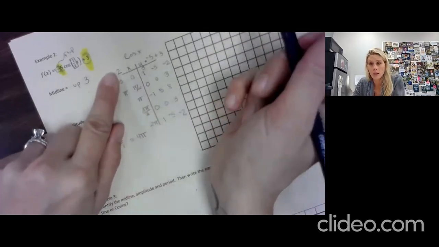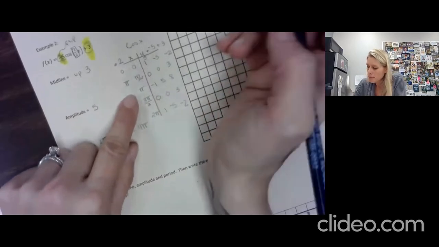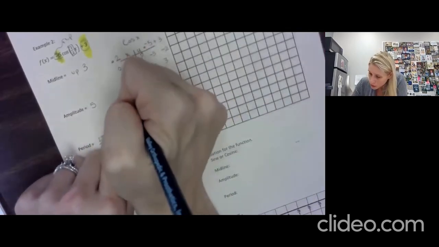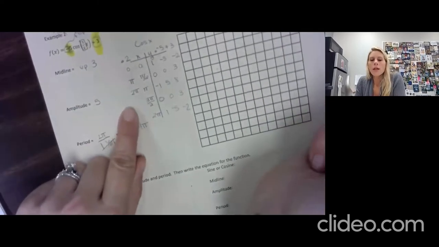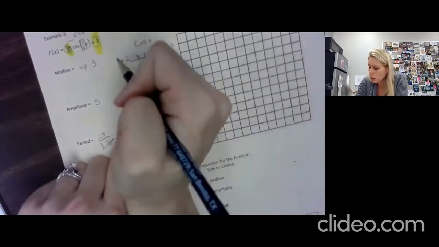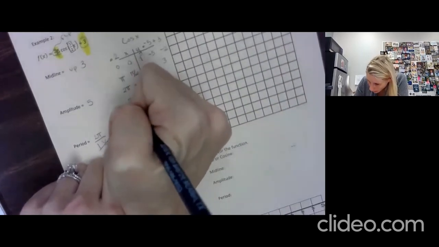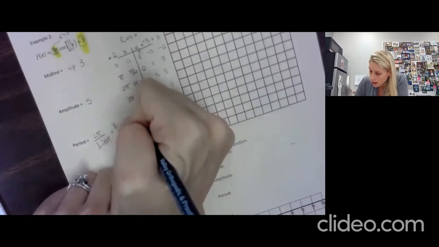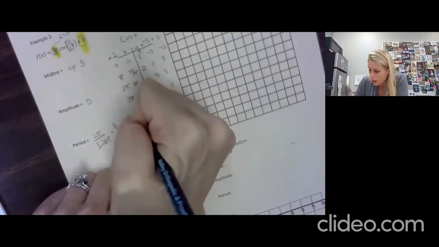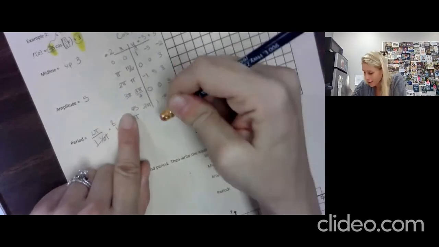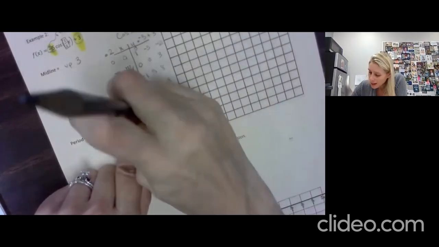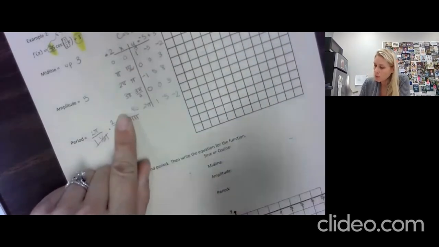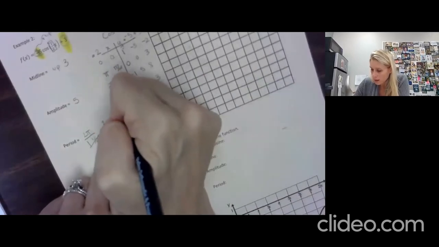The 2's cancel, right? Pi times 2 is 2 pi. 3 pi over 2 times 2, well, the 2's would cancel, right? So we would get 3 pi. And 2 times 2 pi is 4 pi.